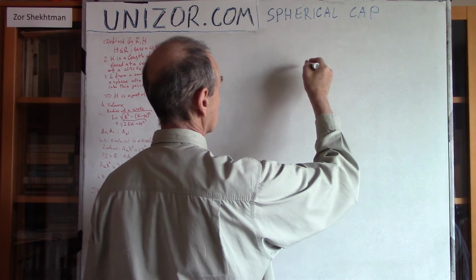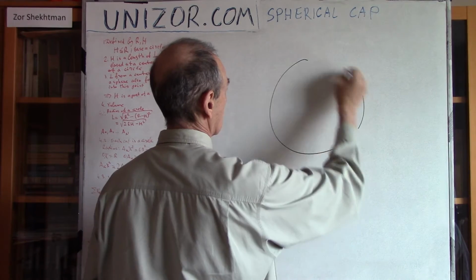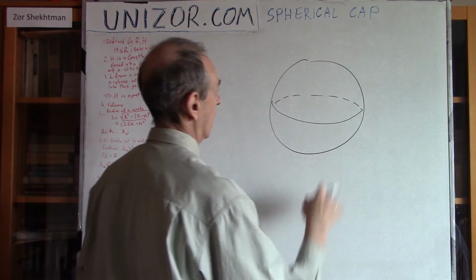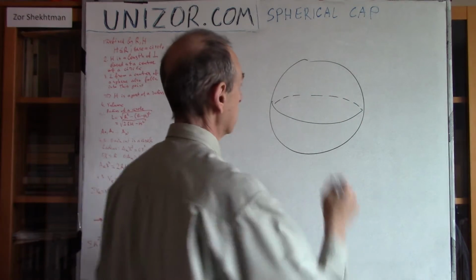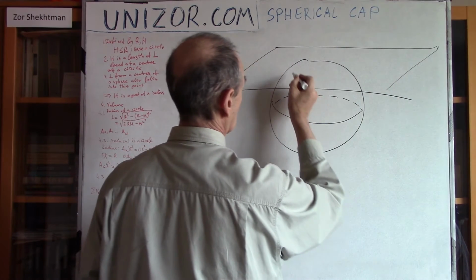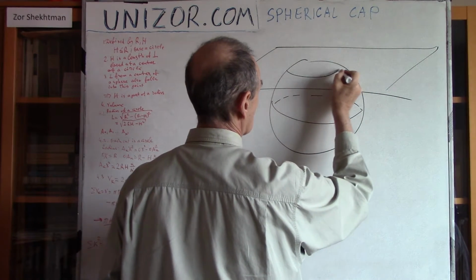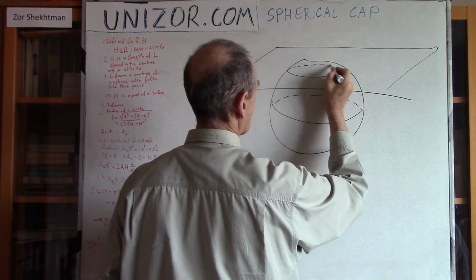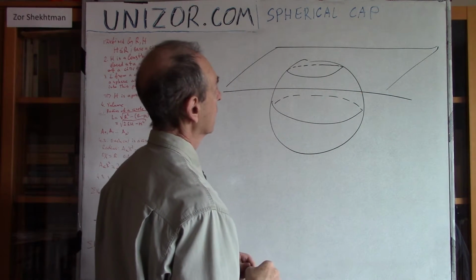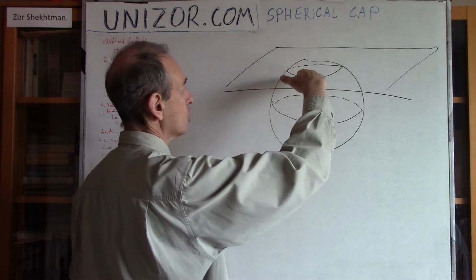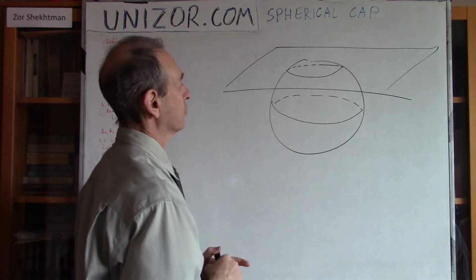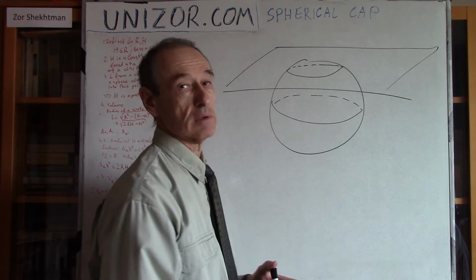Spherical cap, actually. Dome is just the top of it. So if you have a sphere and you cut it with a plane, which intersects, as we know from the previous lecture, along a circle, the top which is cut by this plane is a spherical cap.